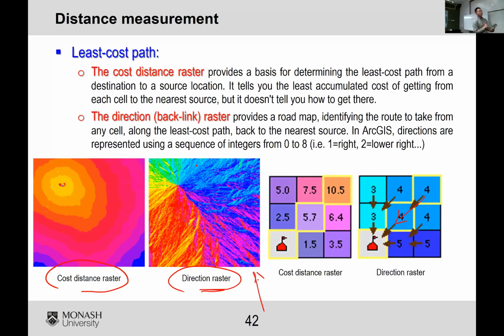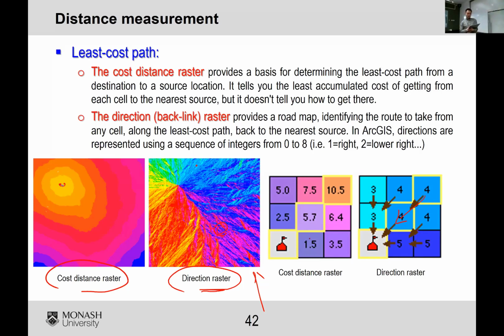And later, when you work with your own data set, if you zoom in really close to the direction raster, you will see how the calculated least cost path follows the direction raster. So basically, the direction raster color code will tell which is the next cell the least cost path should go to. Okay, I think you'll get a better understanding when you are doing the task.